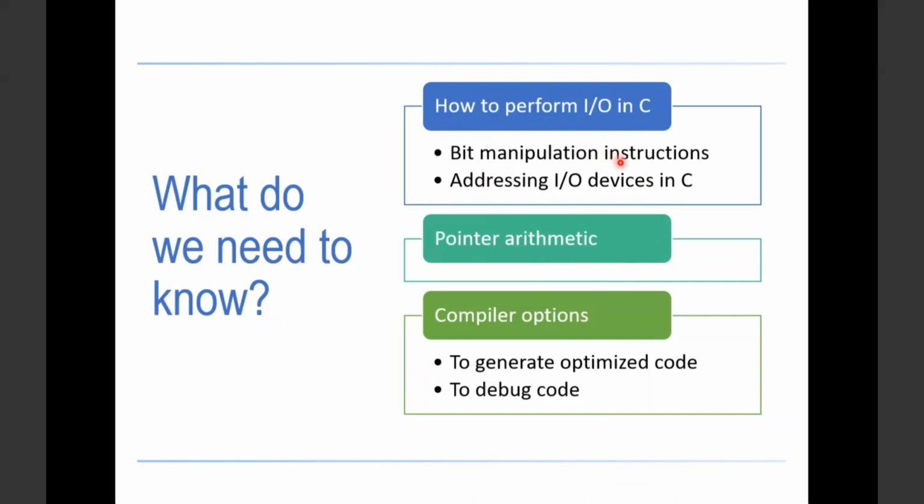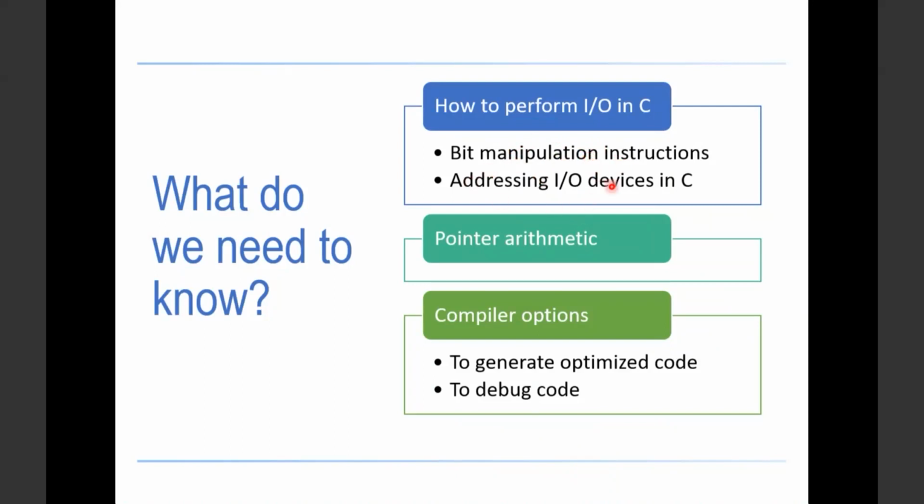So how are you going to do bit manipulation so that you read the correct switches, the one connected to that port and pin, not any other port? That's why you need to know how to do bit manipulation so that you can read or write the correct input output values.